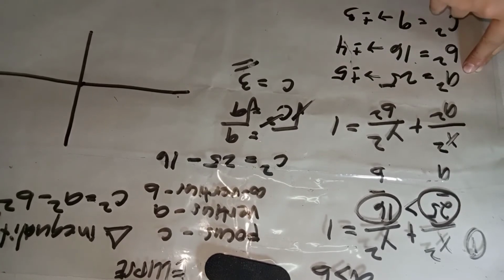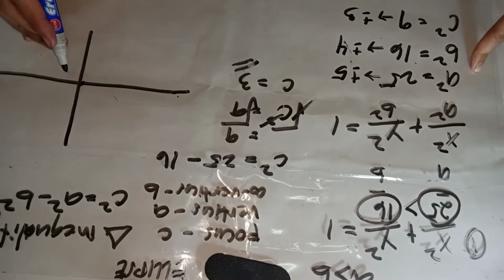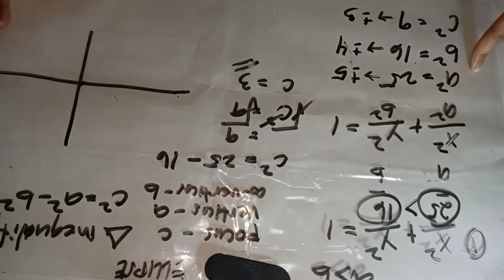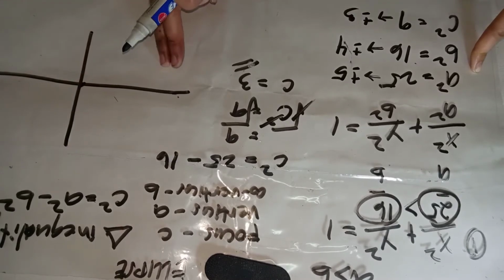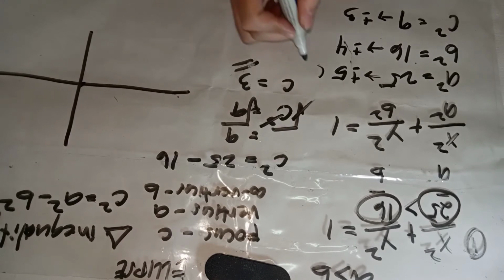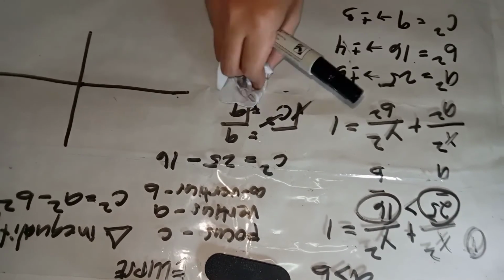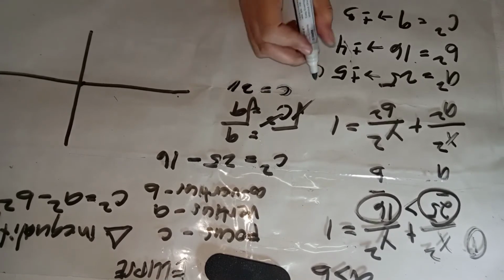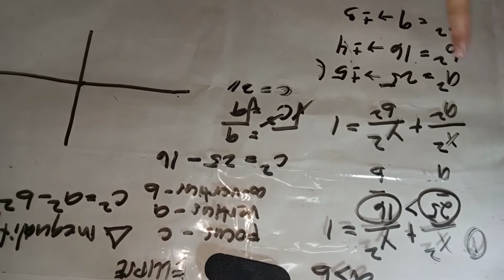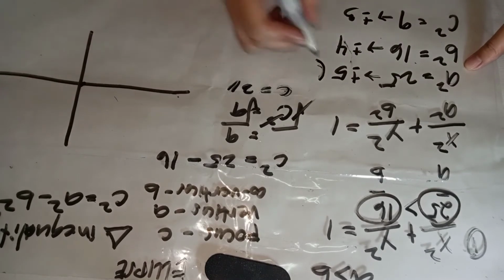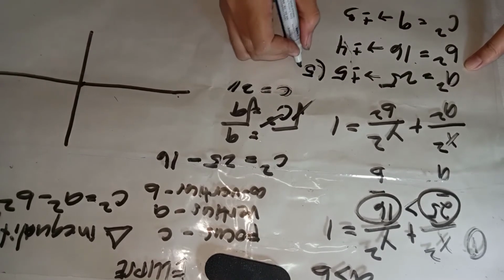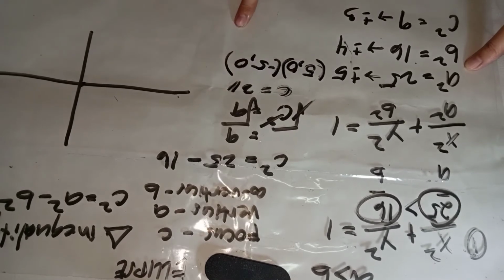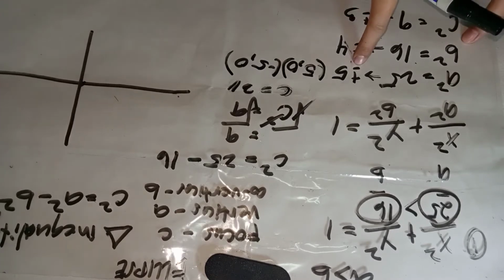Since yung major axis is horizontal, magka-count ka ng 5, 5 pa positive, 5 pa negative. It is located at the horizontal or x-axis. So, it means 5, 0, negative 5, 0. Para mas mabilis mo siyang ma-plot.